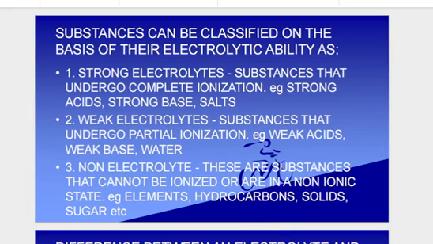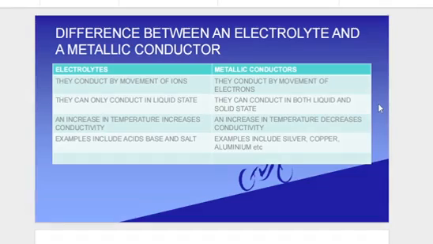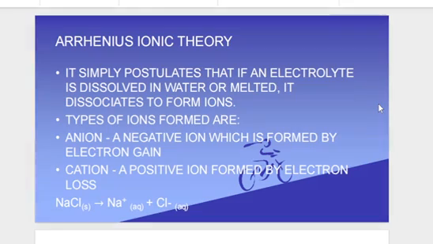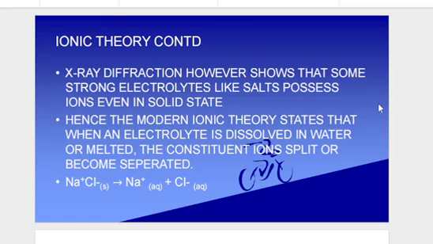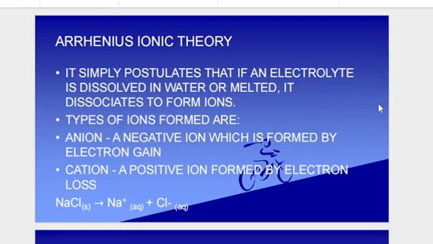So if we're going to put that down, let's write it. It simply postulates that if an electrolyte is dissolved in water or melted, it dissociates to form ions. Full stop.